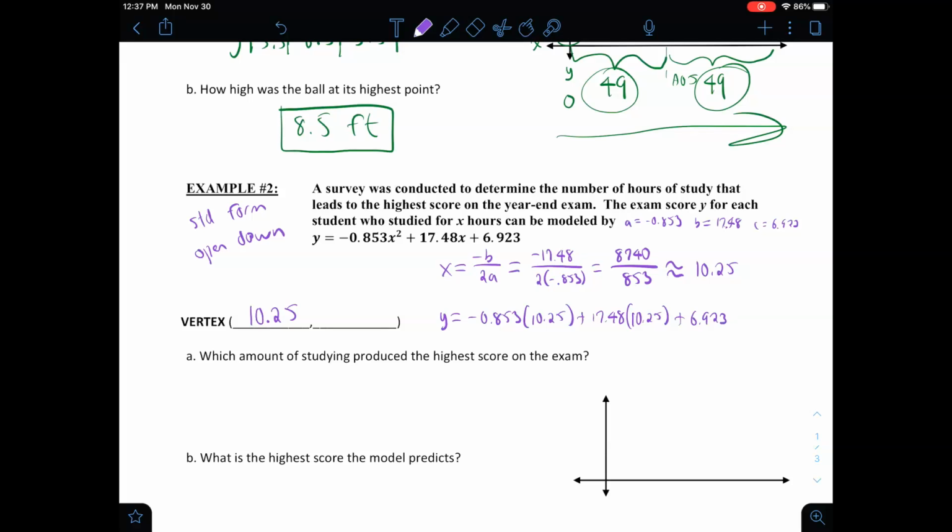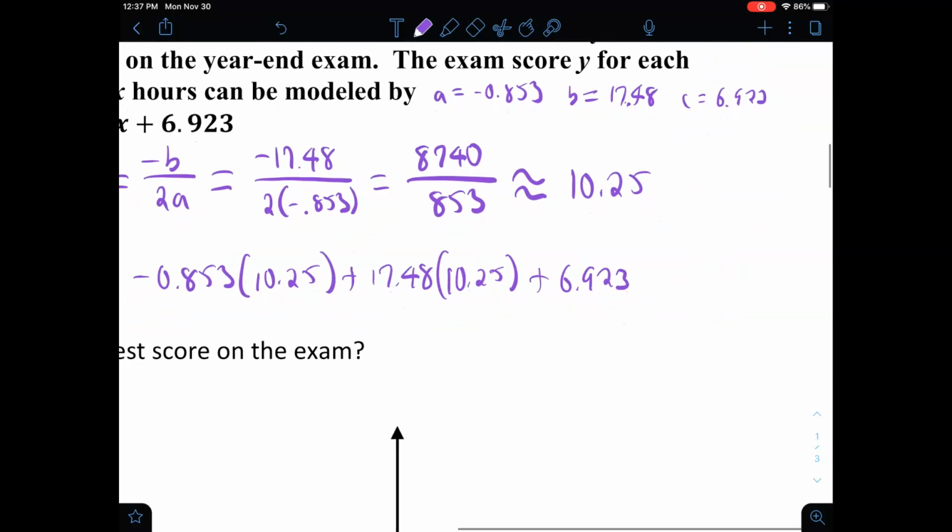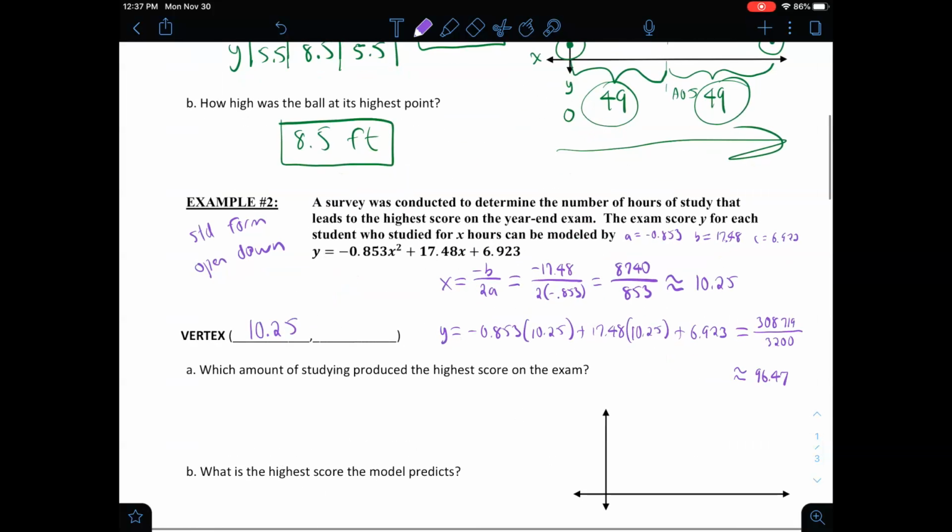That's going to be equal to, if you plug that into your calculator correctly, 308,719 over 3,200. So that's going to be approximately equal to 96.47. Just plug it in exactly as it looks right there. That should be the answer that you get. So 96.47.